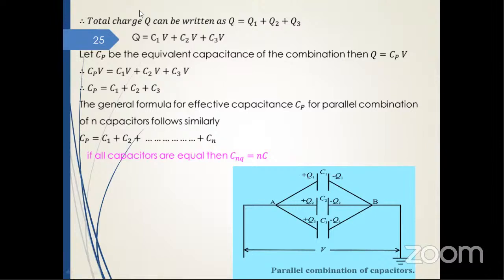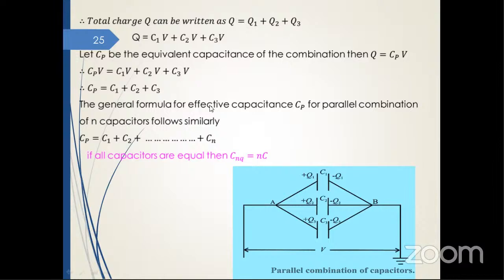Rearranging the equation for Q, CPV is equal to C1V plus C2V plus C3V. Here V is common, so V gets cancelled on the left and right sides. Therefore CP is equal to C1 plus C2 plus C3.